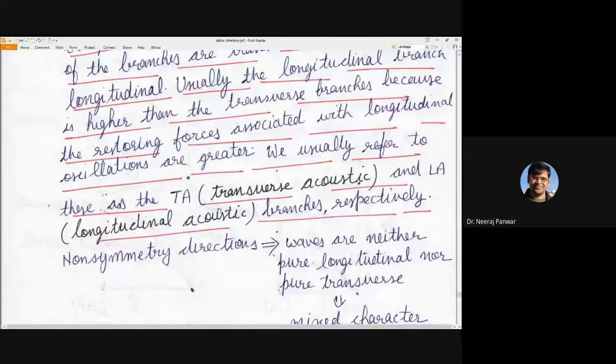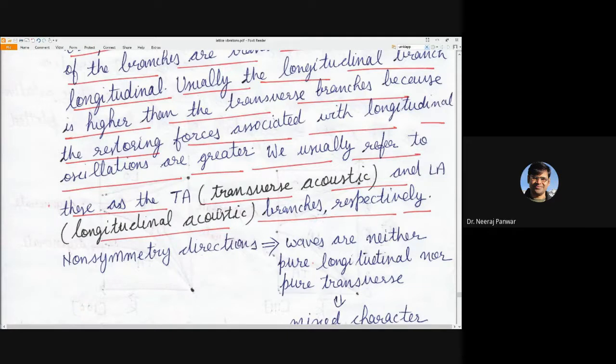When we are obtaining the dispersion relation along a direction with higher symmetry, then we will have a wave which is either purely transverse or purely longitudinal.